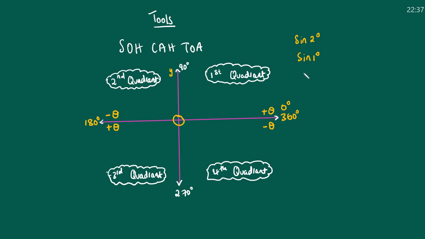Can you try sine 88 degrees? Positive. All right, can we try sine 89 degrees? Is it positive or negative? It's still positive.